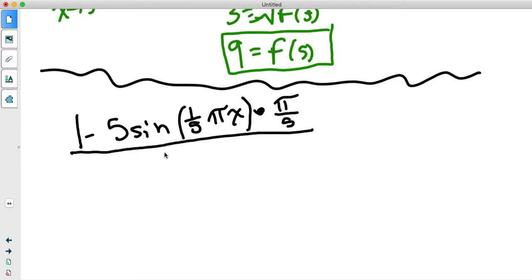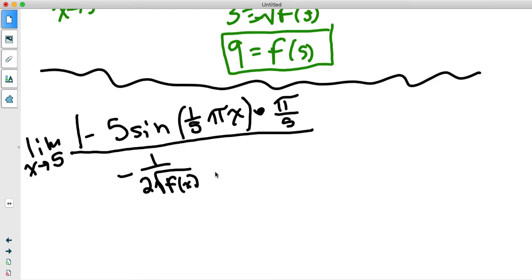And also, I should write limit as x approaches 5. We're going to have to plug 5 in there. And the derivative of the denominator is negative 1 over 2 square root of f of x times the derivative of the inside, which is f prime of x.